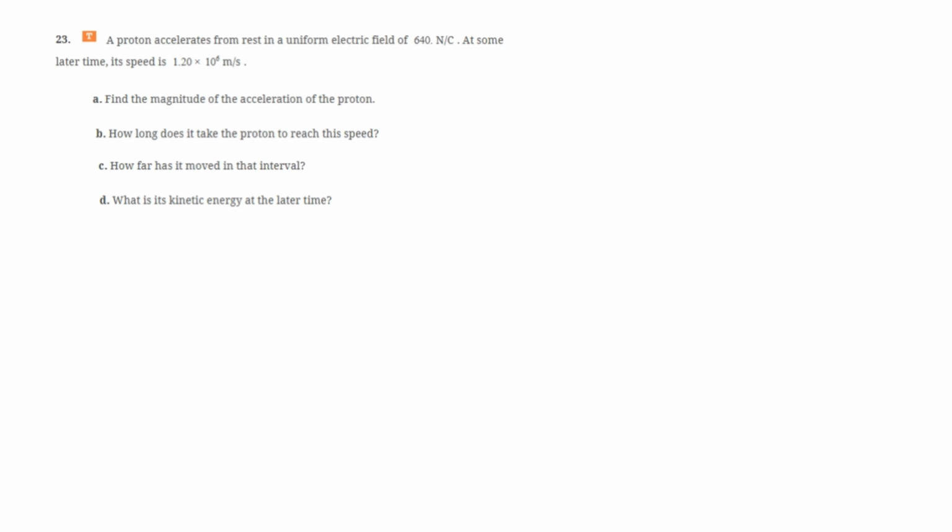So let's assume that this electric field is pointing to the right, like this. It's a uniform electric field, and we're going to take that it is pointing right. So I have a proton. A proton is a positive charge. So I have my proton over here.